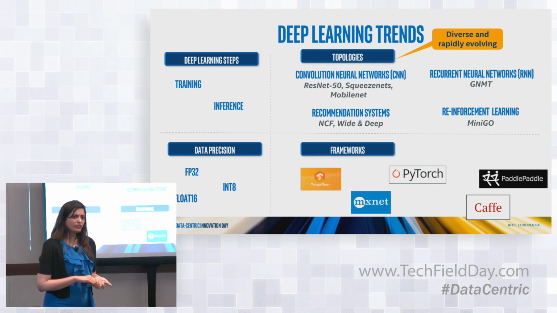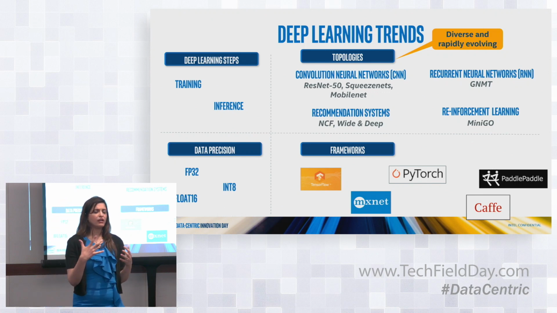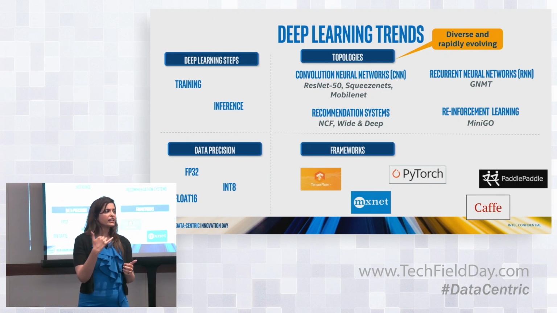The other trends that we've been watching as a company, and also helping work towards integrating instructions for, are all the new use cases. When things first started for deep learning, it was all about image classification and convolutional neural networks, which is where we started, like ResNet 50 and so many different variants of it.